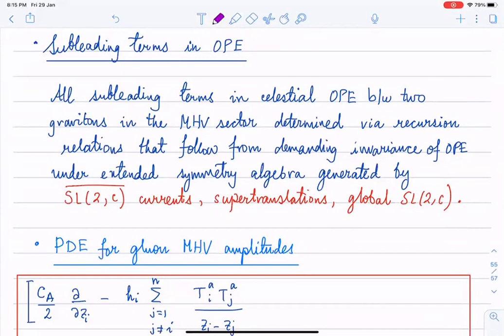What is more useful in the case of gravity is this SL2C bar current algebra and super translations. And what you can show is that all subleading terms in the OP fall in representations of this SL2C bar current algebra and super translations. So once you specify this algebra and how they act on primary operators, you can determine all the OP coefficients from it.